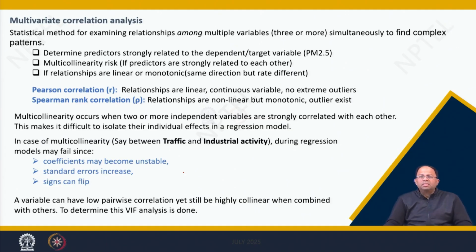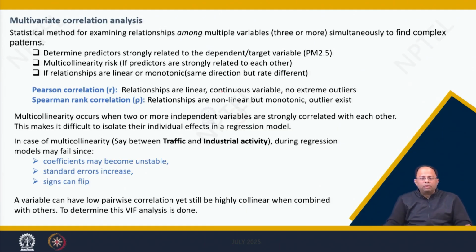There are two measures that we actually use for this. One is Pearson correlation and the other is Spearman rank correlation. Pearson correlation is used for checking the relationship among linearly related variables, that is, when relationships are linear, the variables are continuous and there are no extreme outliers.